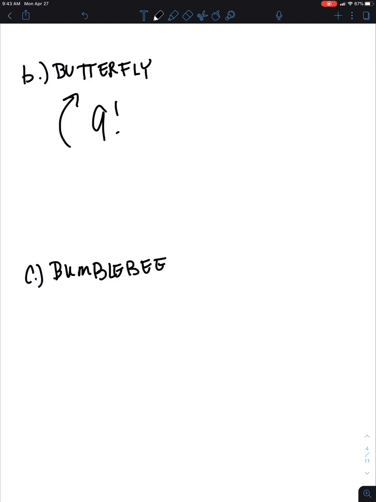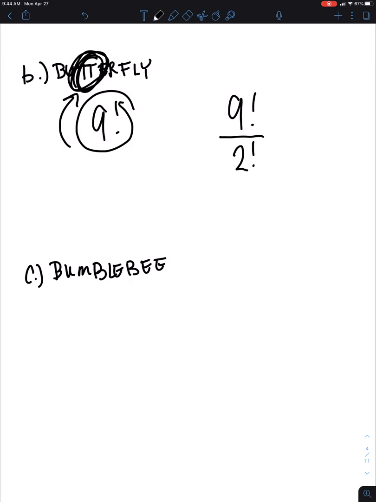So like you're interchanging them, but they don't make a new word when you're interchanging the same letter. Okay, so here's how we overcorrect. So right now we have this number right here, but we need to overcorrect because of these 2 T's right here. Okay, so we overcorrect by dividing, so 9 factorial, and then we have these 2 repeating letters here.